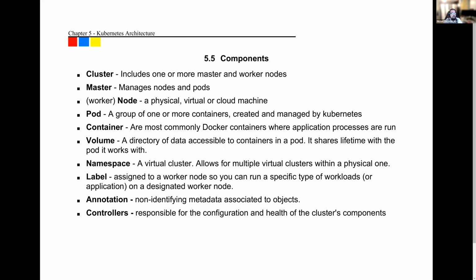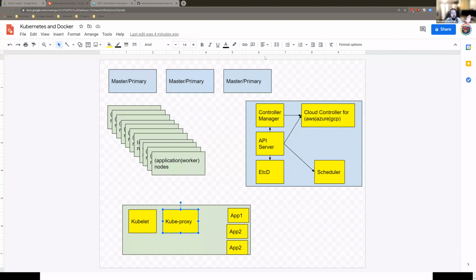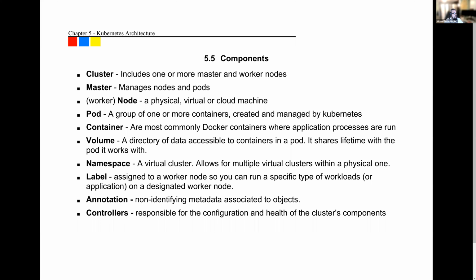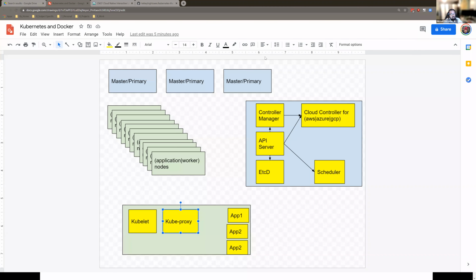So a couple of things just to center on in terms of vocabulary: that whole set is the cluster. So all of this is the cluster. The masters and the actual nodes are a cluster. Now, a node, or a worker node or application node, is the physical or virtual machine that makes up the green boxes down there.